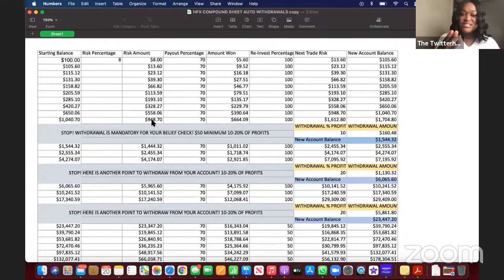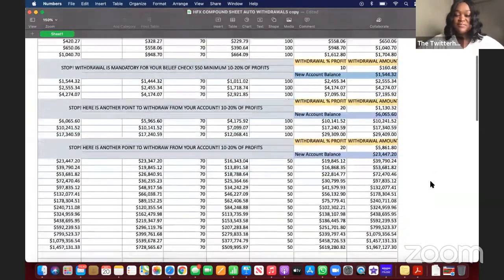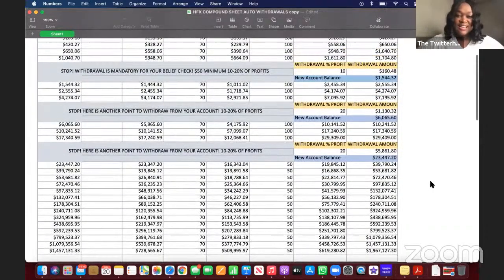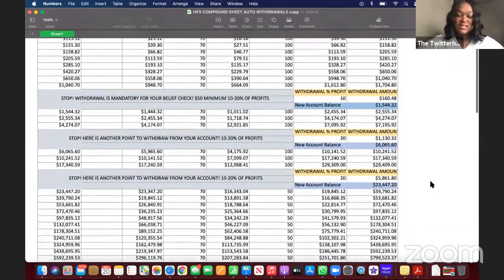Every 3 trades, I'm going to reset, and that's how I will secure my money. I completely forgot about this way of growing my account, this way of compounding. But I have it here and I'll keep you guys posted on how it's working out for me.